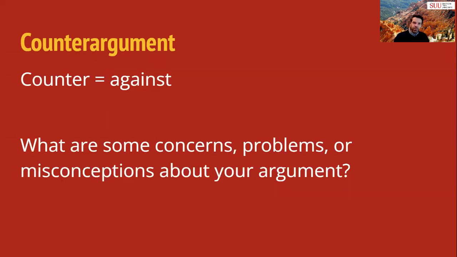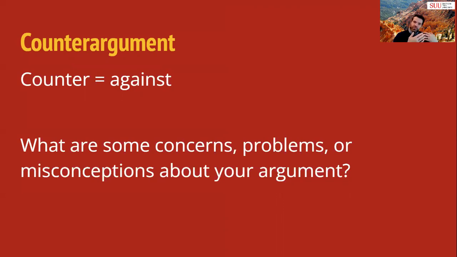Now, in talking about the argument, we also need to talk about the counterargument. A counterargument comes from the word counter, which means against. So a counterargument is all of the reasons or claims why your thesis statement might not be true. Or in other words, what are some concerns or problems or misconceptions, that means misunderstandings, that people might have about your argument?